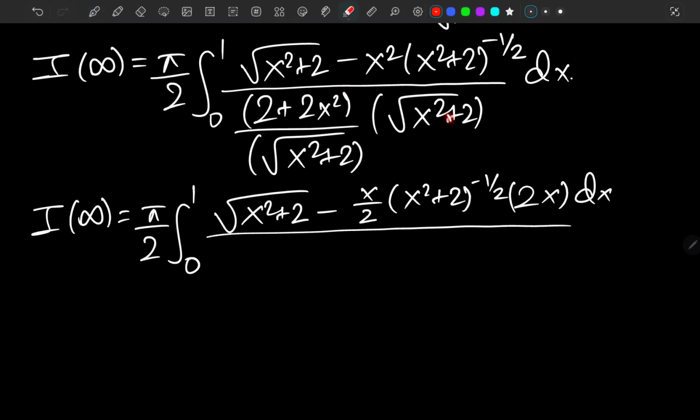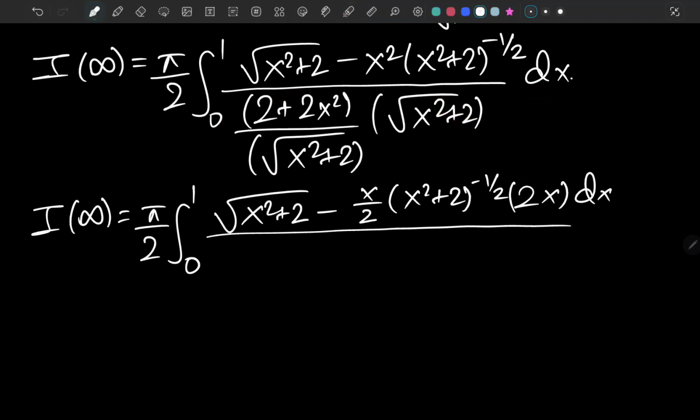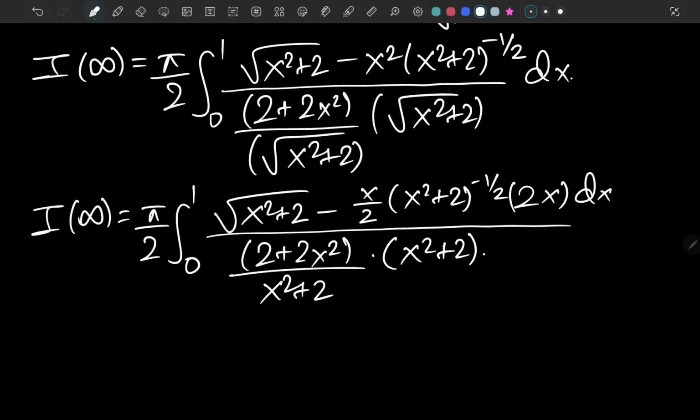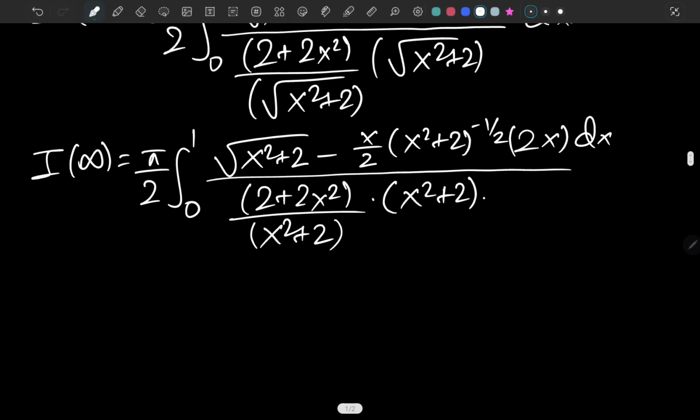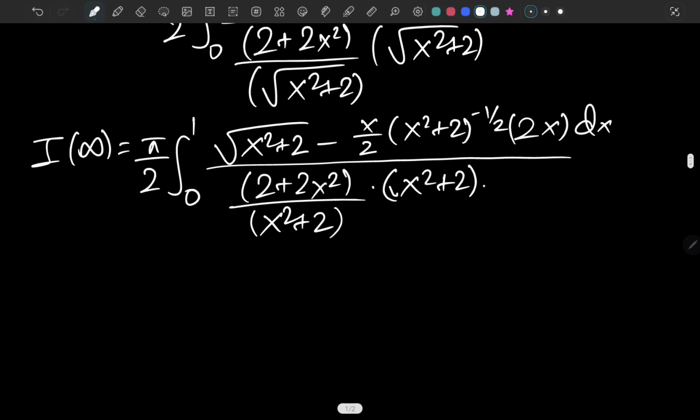And in the denominator, I'm just going to multiply with the square root of x squared plus 2 and divide with x squared plus 2. So ultimately we are going to have 2 plus 2x squared over (x squared plus 2) times (x squared plus 2). Or maybe I should write this down as square root of x squared plus 2 whole squared, right?